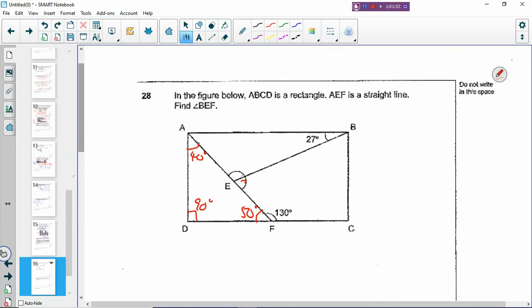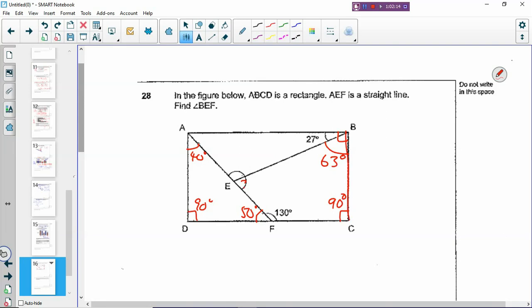Is there any other thing that we can find? Yeah, we can find here. This is a right angle, 90, because rectangles have right angles at the corners. And here is also a right angle, and we can find this angle, which is 90 minus 27. You will get 63 degrees. And can we find the question mark?